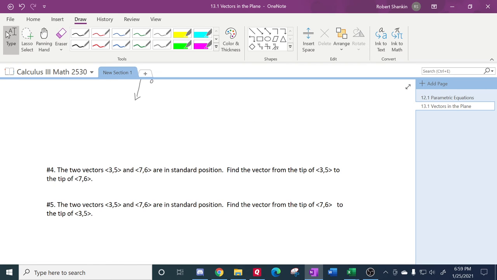All right, let me go over the answers real quick here. Find the vectors from the tip of that to the tip of this. We just take the x position of the destination minus the x position of the original.